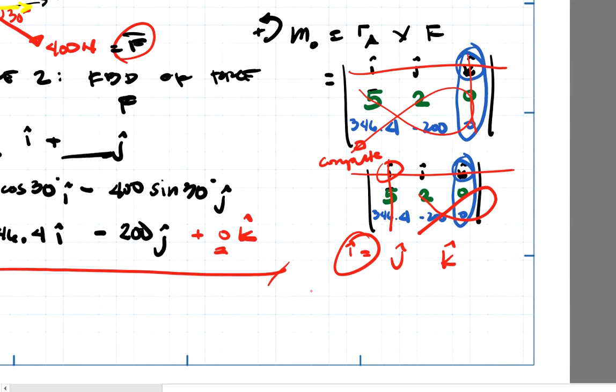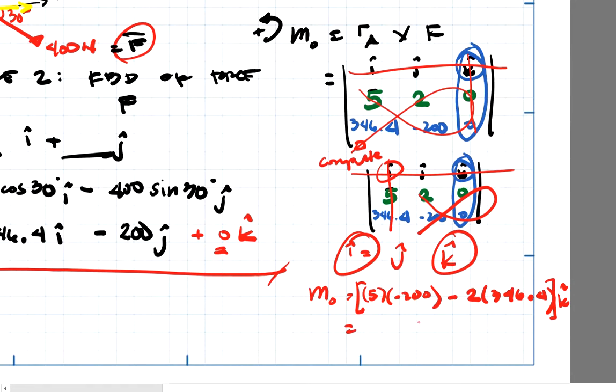So our moment at K component is 5 times negative 200, minus 2 times 346.4, so this is K. Calculating this part, you now have a negative 1692.8 Newton-meters.